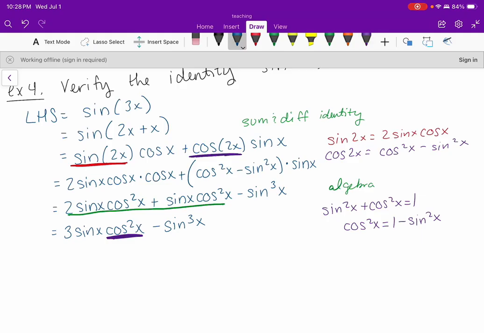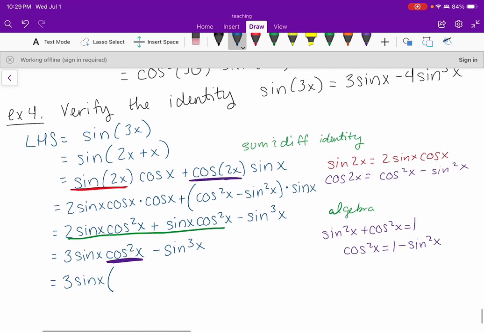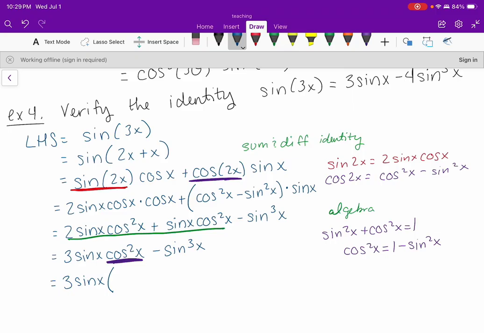I'm going to use this identity to replace this cosine squared, which again, the reason I'm doing that is because if I look at my goal, I'm trying to get to my right-hand side, I don't have a cosine squared, so I'm trying to replace it with something. I have a bunch of sines, so I'm replacing it with sine. Get 1 minus sine squared x. And then I still have that minus sine cubed x.